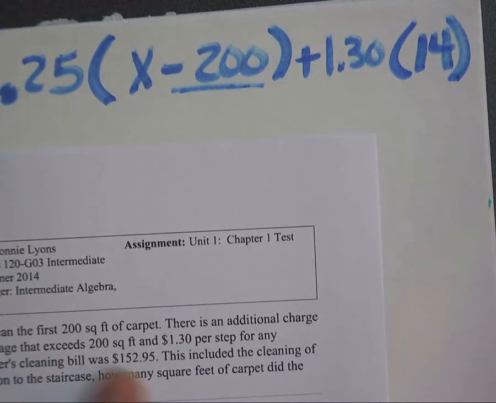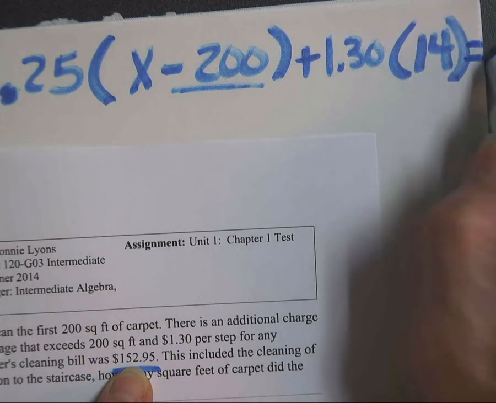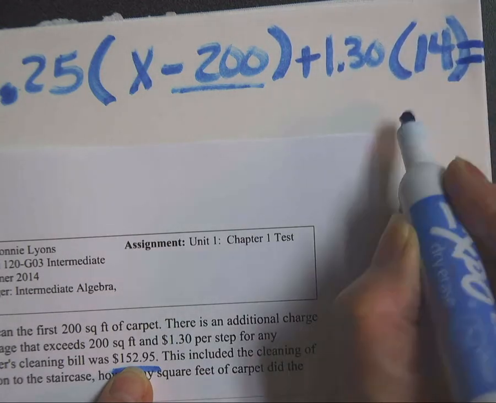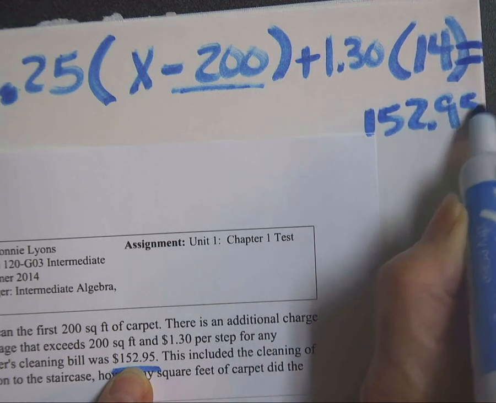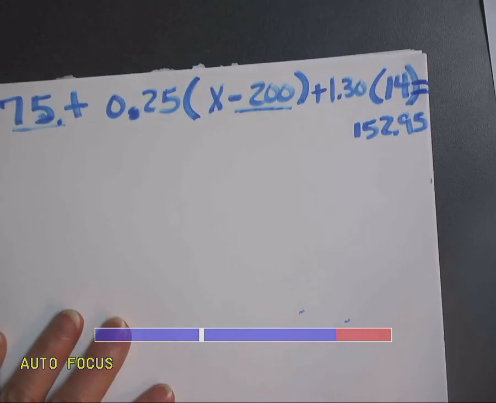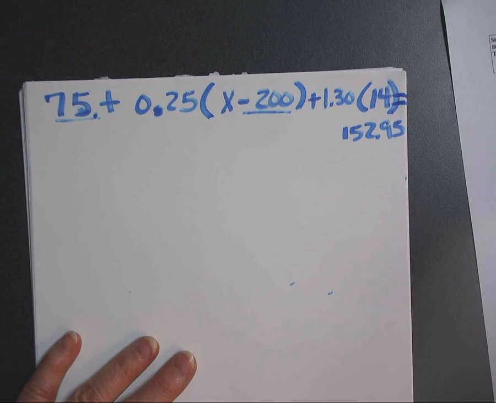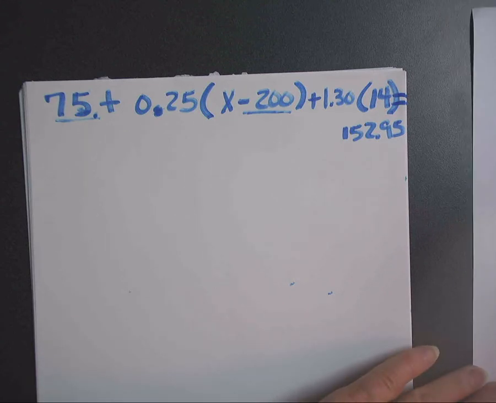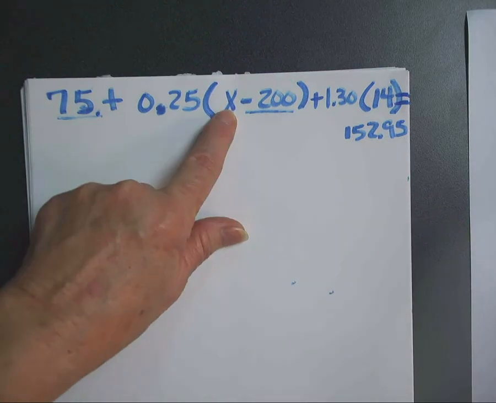This is the total, what it ended up costing, equals the total cost. That should all be on one line, not two like I put it. So we want to know the total square footage, which is this X right here.